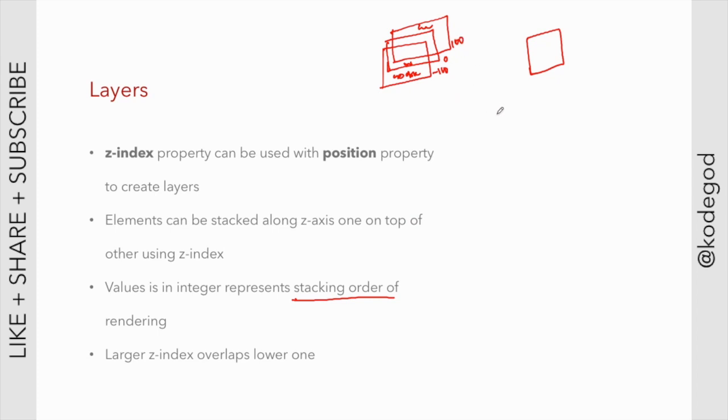Maybe you can write 0, 1, 2, 3, or -100, 0 and 100. But generally developers usually keep some distance between these layer numbers. The reason is that in the future, in case you are required to add an additional layer between these two, you can just add a layer number, let's say 50.